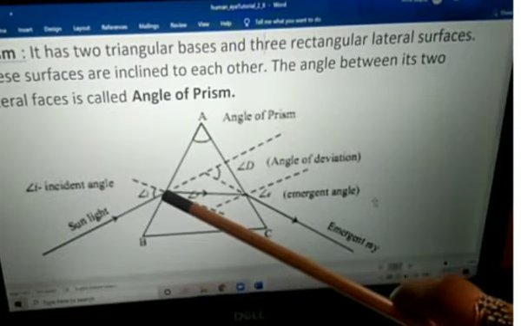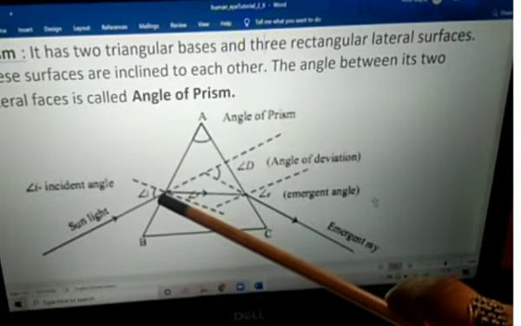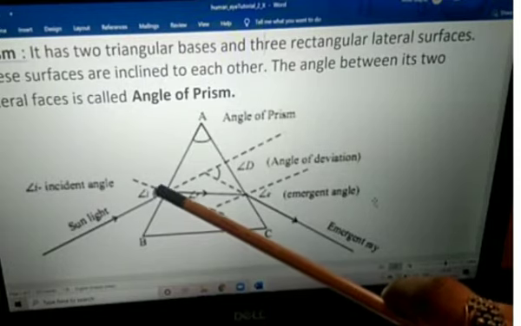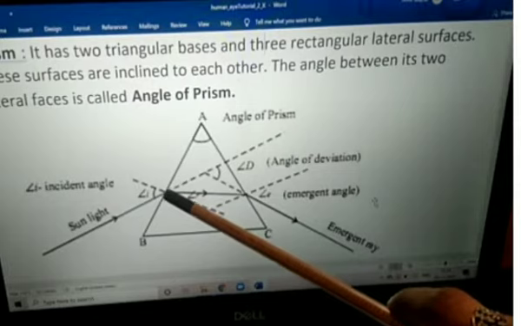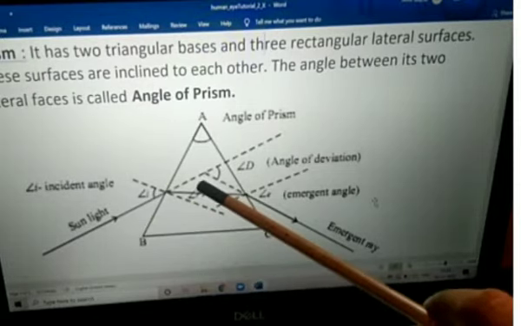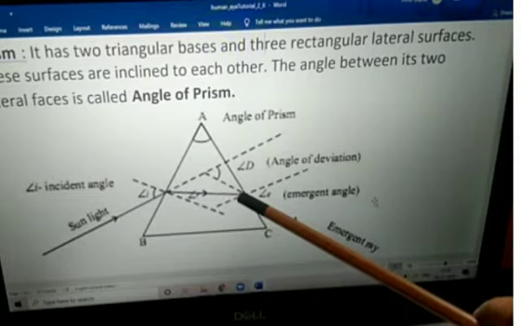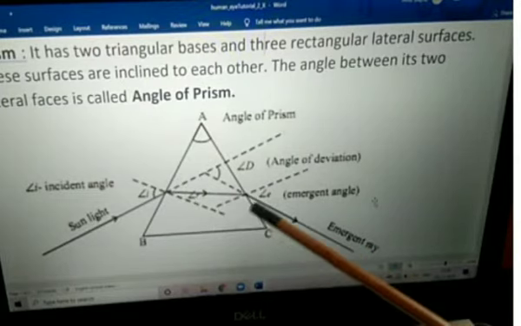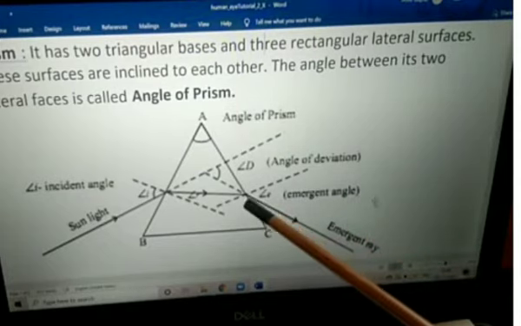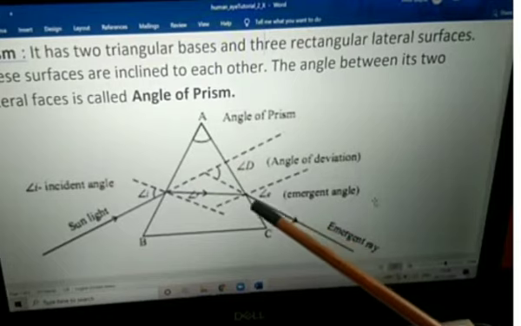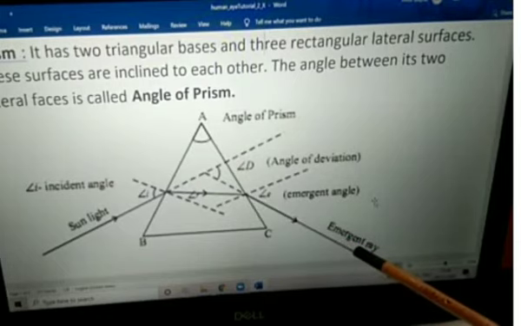It is striking the triangular surface of the glass prism, and this is forming angle I. Then this light is entering from the rarer to the denser medium, and hence it bends towards the normal. Again the light is going from the denser to the rarer medium, therefore the light will bend away from the normal, and this is called angle E, and this ray is called the emergent ray.